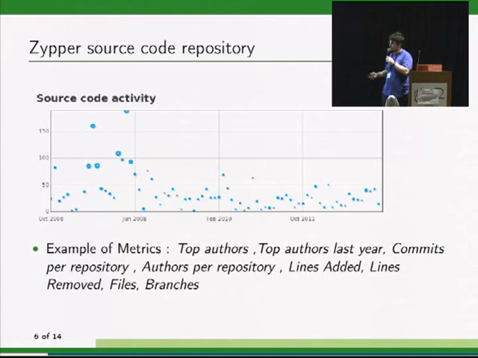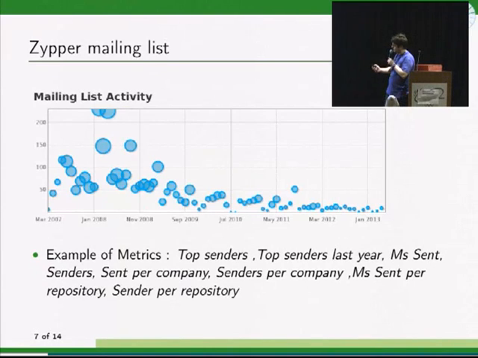Apart from the source code repository, I analyzed the mailing list. Likewise, we see the bubble, which represents the amount of people that sent messages, and the amount of messages sent. This is the timeline, which begins from March 2007 and lasts until May 2013, because I mined and analyzed the data until May 2013.